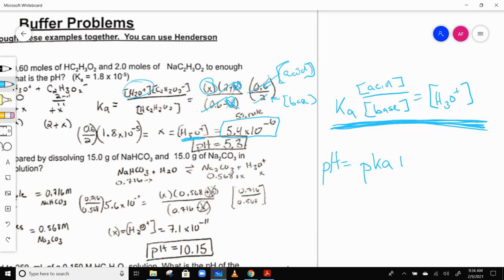Let me look it up. It's minus? That's plus. Okay, plus. Plus the log of the acid over the base. That's called the Henderson-Hasselbalch equation.